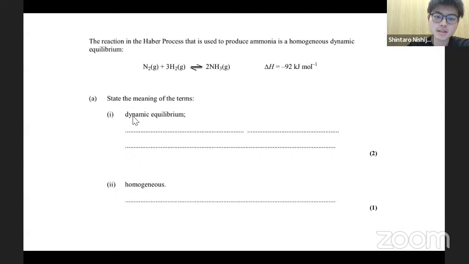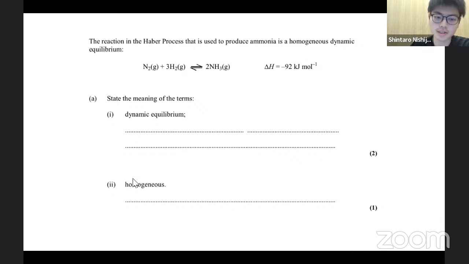And a key difference is that in dynamic, the reactions are still going on, right? Equilibrium means that the concentrations of the reactants and products stay the same. But dynamic means that the reaction is still going, like still moving. So just look at the mark scheme.